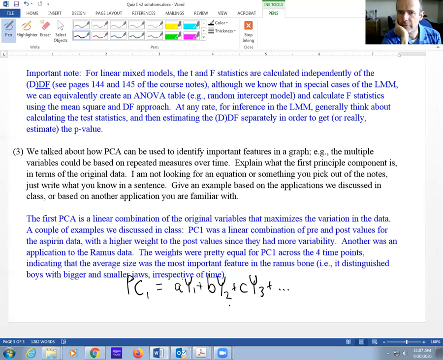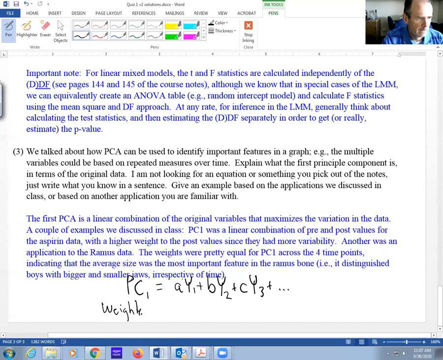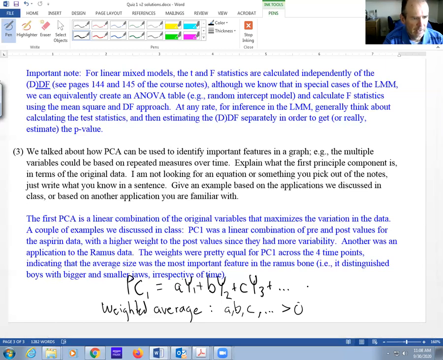But to me, for a weighted average, they would all be positive. The weighted indicates they could be different, but for it to be an average, I would think those coefficients would be positive in my mind. So again, it depends on how you define the terms, but that's how I would distinguish those.